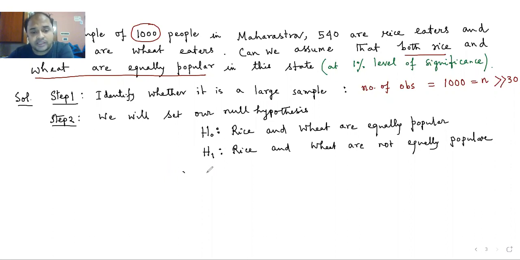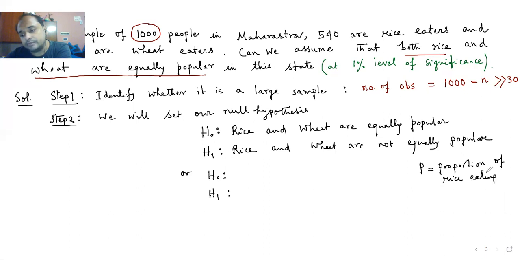So we have to design our null hypothesis in a mathematical way first of all. So what is the way out? We have to put a value to the parameter. What is the parameter? Capital P is the proportion of rice eating people in this sample.